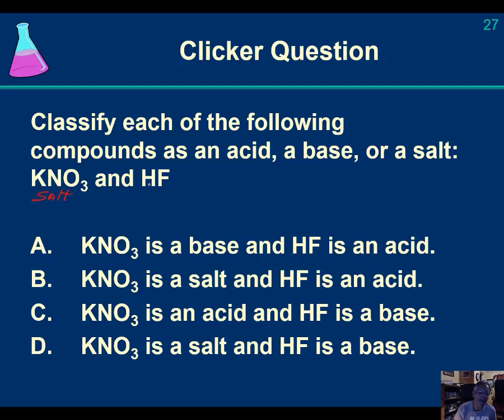So piece of cake. This we've got some familiarity with. It starts with H, so good chance it's an acid. It's hydrofluoric acid. It's actually a weak acid, but it's an acid. All right, so we'll go down here, and we see that B is our answer. Potassium nitrate is a salt, and HF is an acid.